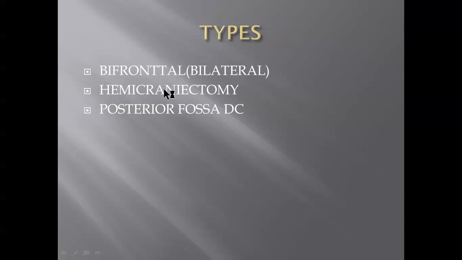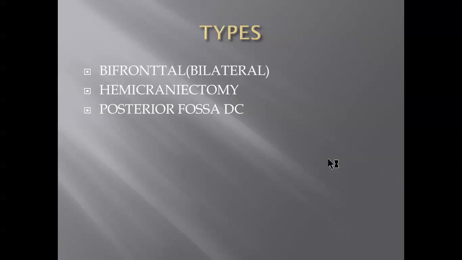All these are for decompressive purposes, because, as I already mentioned, when compensatory mechanisms can't function to maintain the ICP, everything is not functioning well. So you need to decompensate. How do you decompensate? You remove bone, so that your brain has enough space to expand. That's the main role.